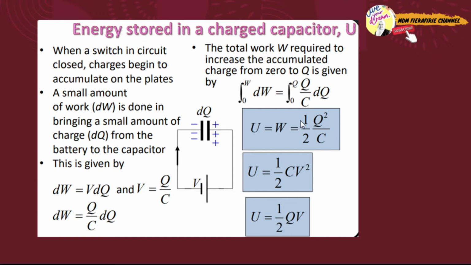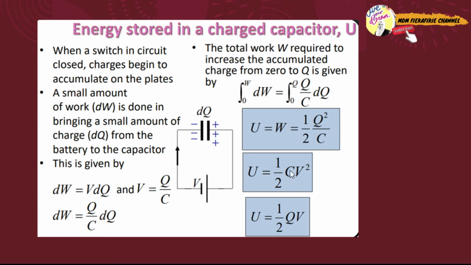After the derivation, we have 3 equations here, but I suggest you just remember one equation only. For example, U is equal to half CV squared. You know that C is equal to Q over V, so Q is equal to CV.